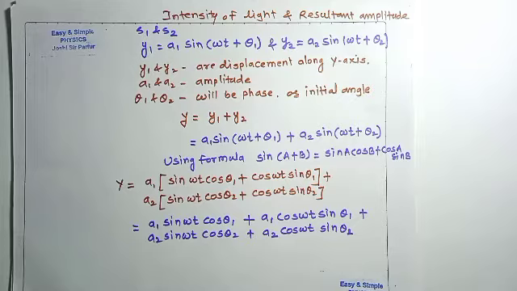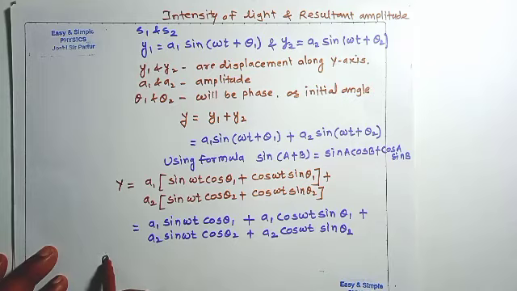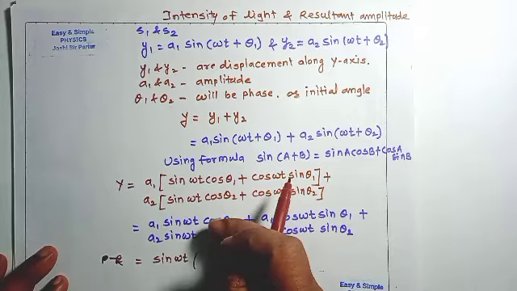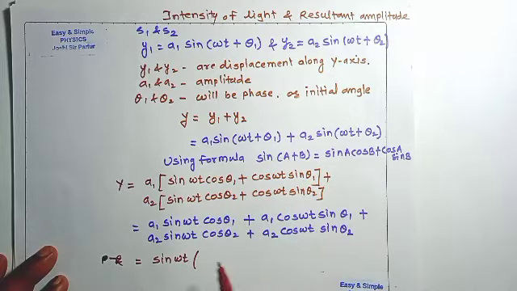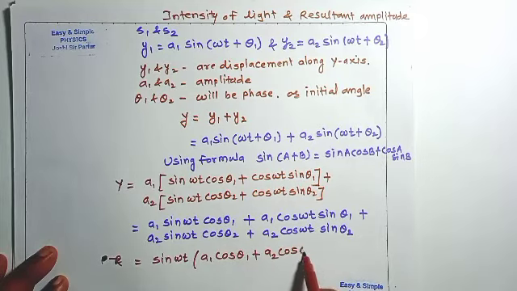Using this equation, if we take the common term sine of omega t in bracket, in these two terms we see a1 cos theta 1 plus a2 cos theta 2.